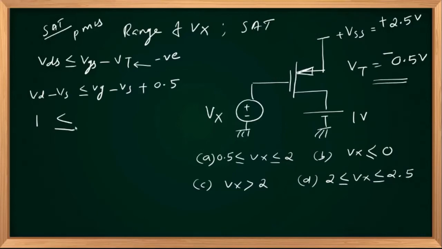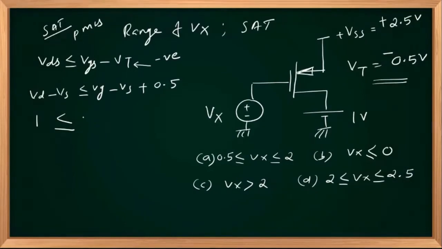Right, option A. Donia says option A. Very good. Again option A, Salihat option A. Right, VD is 1, less than VG values. Archana says option A. Right, very good. VD less than or equal to VG minus VS plus 0.5.